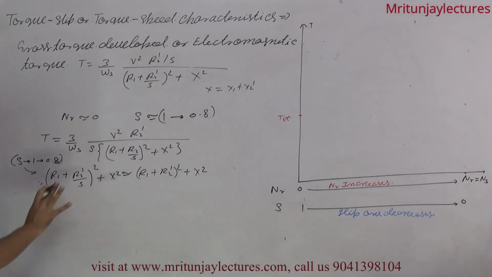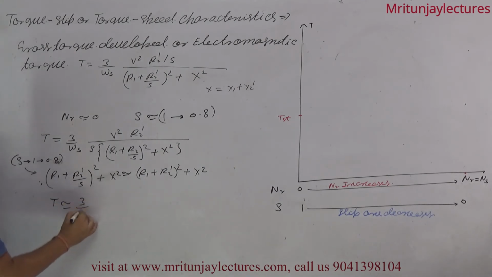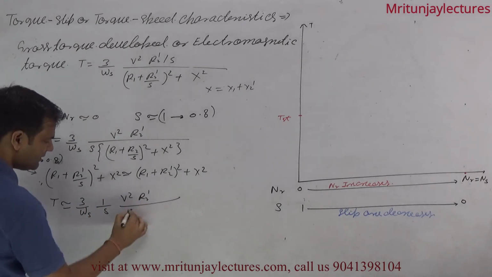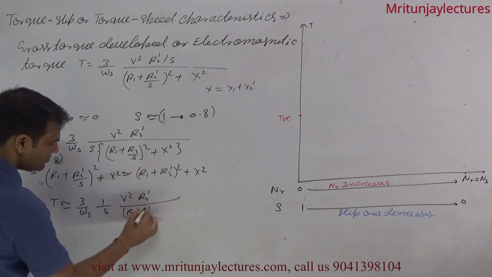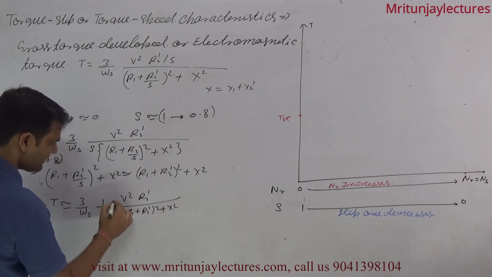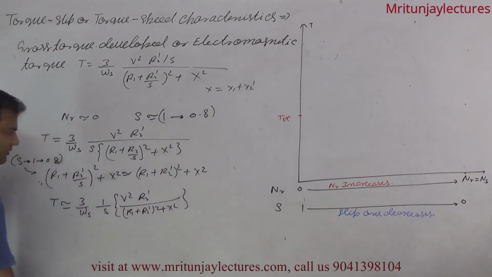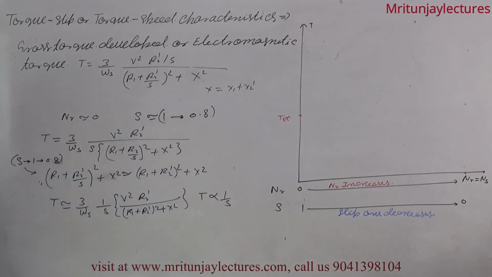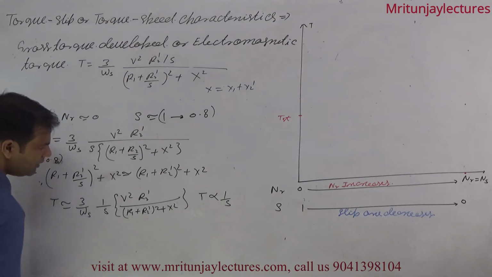Then torque is 3 by omega s into 1 by s, V square into R2 dash, divided by R1 plus R2 dash the whole square plus X square. It means you can say that T is inversely proportional to slip.